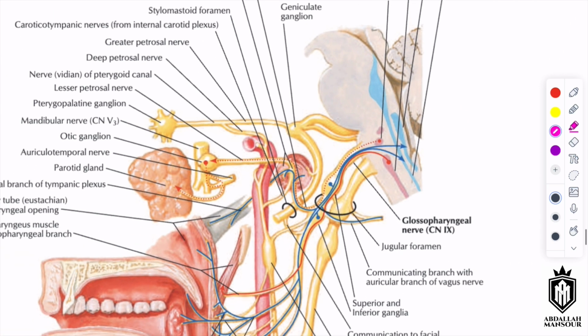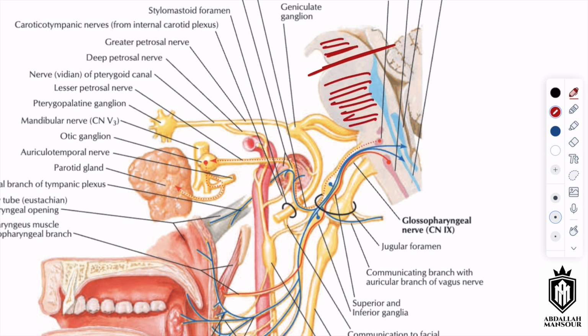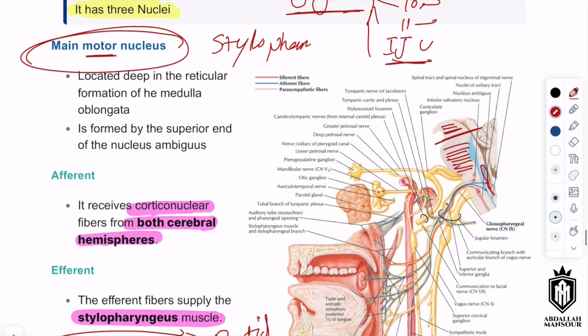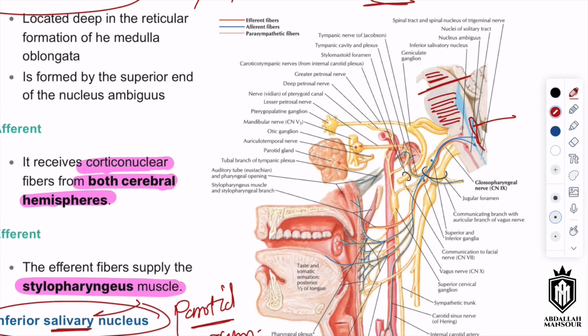As you can see here, this is the midbrain, then the pons, and finally the medulla oblongata. This one is called the nucleus ambiguus. So the superior part of the nucleus ambiguus is the main motor nucleus, receiving the corticonuclear fibers.